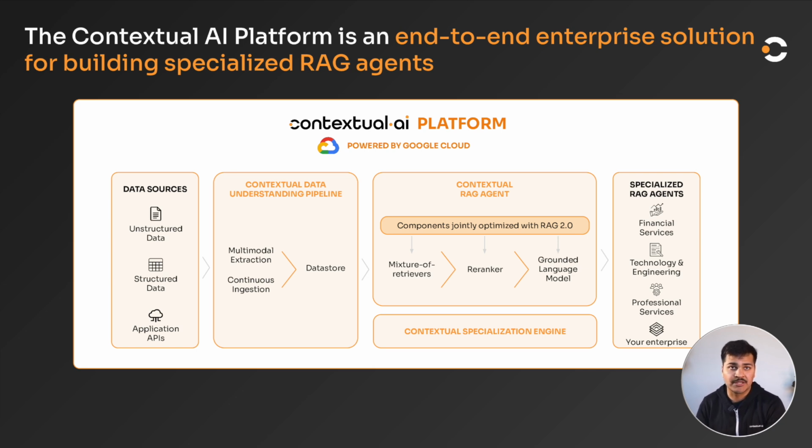Our contextual RAG agent retrieves and reasons over all of your enterprise data and is end-to-end optimized to deliver exceptional accuracy and minimal hallucinations out of the box. And then finally, our specialization engine enables you to tune and align your agents to address your domain-specific use cases and achieve even greater performance.